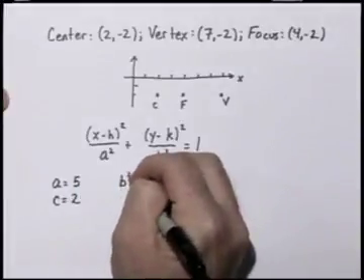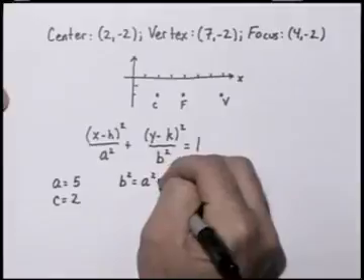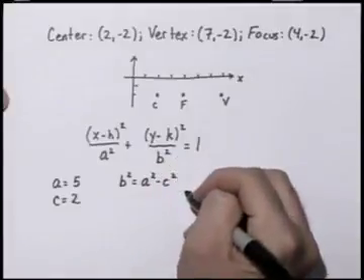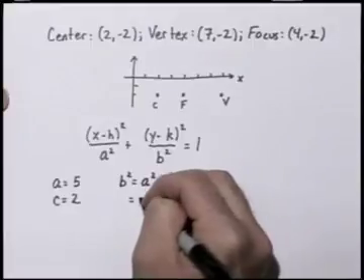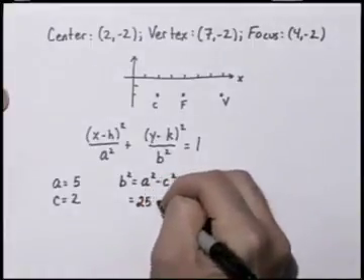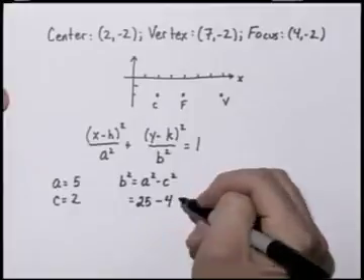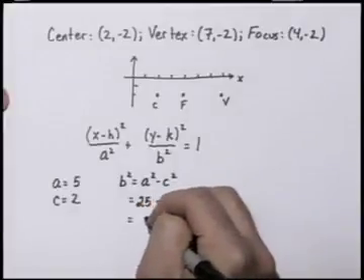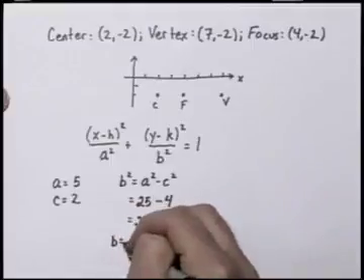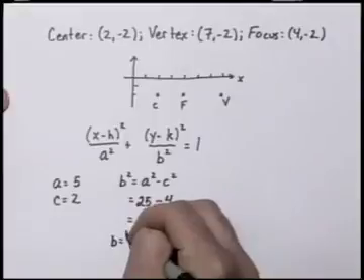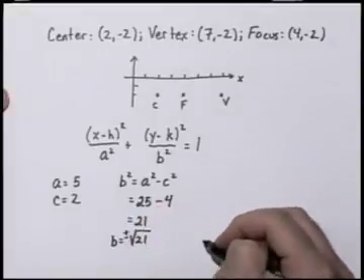Now we use the fact that b² = a² - c² in an ellipse, and we get that b² = 5², or 25, minus 2², or 4. So b² is equal to 21. b is plus or minus the square root of 21.